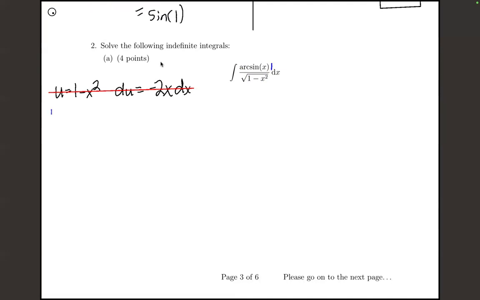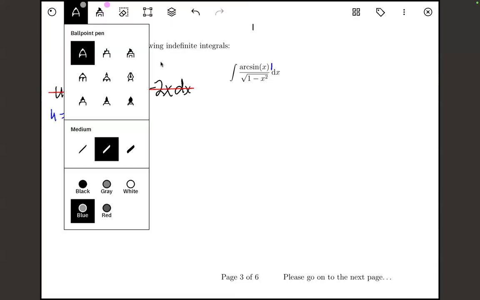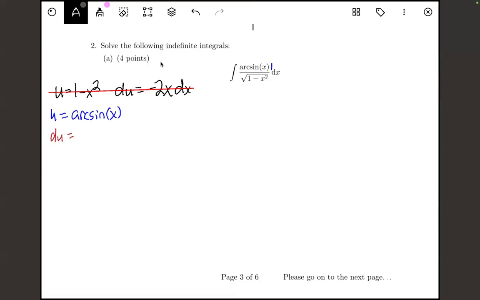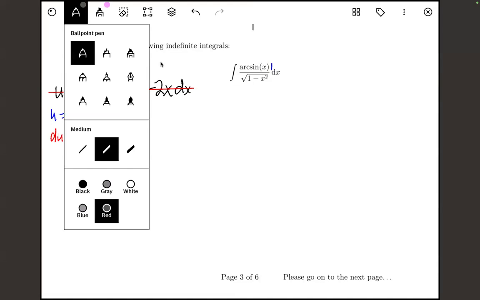So I'm going to let u equal arc sine of x. And then as I just pointed out, du is going to be 1 over the square root of 1 minus x squared dx. And again, this is one of those derivatives you're just going to need to know, both the derivative and the integrals.